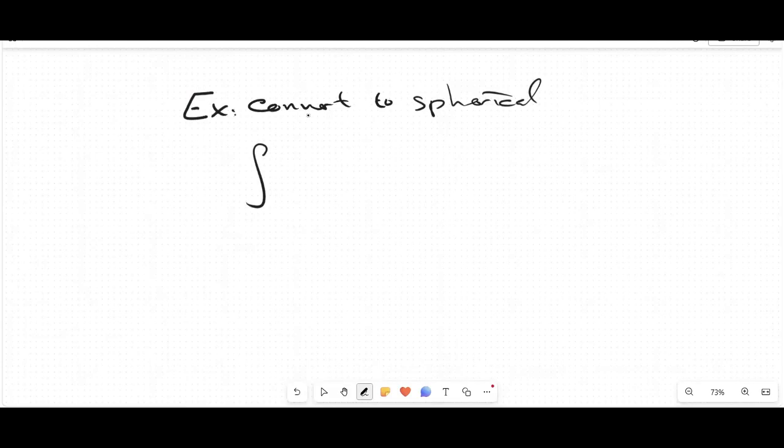It's expressed as a rectangular one. So here's what they give us: -1 to 1, 0 to root 1 minus y squared, x squared plus y squared, all the way up to root x squared plus y squared.